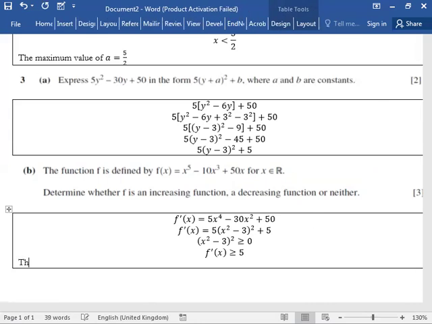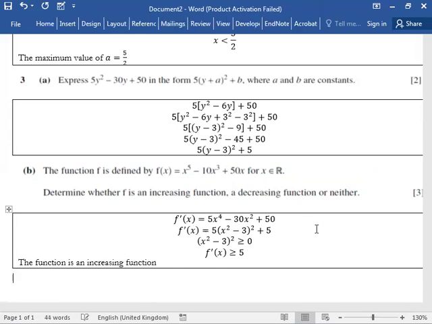So the function is an increasing function. Clear? Make sure you write it down.